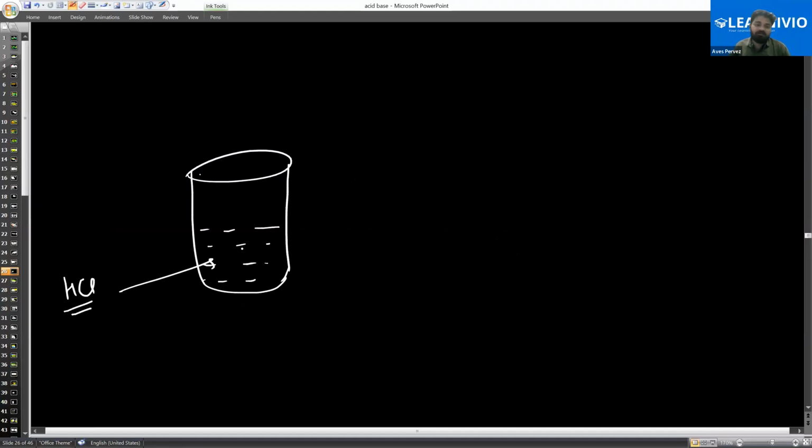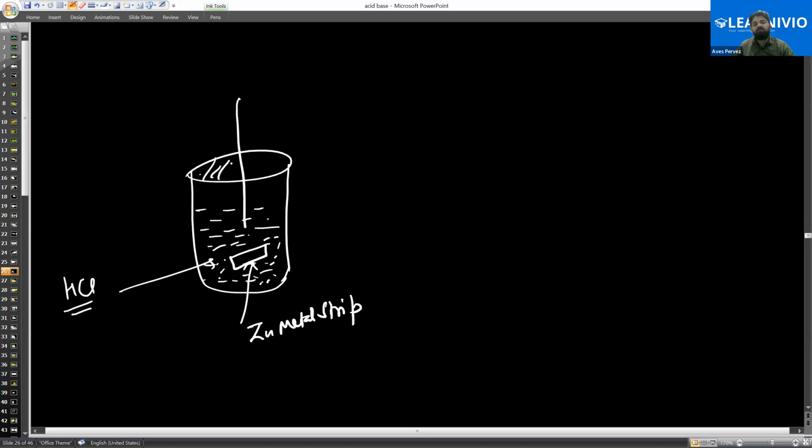Now, in this hydrochloric acid, we add a zinc metal strip. So you know that hydrogen gas will be produced. Yes or no? Because zinc is more reactive than hydrogen, it will react and lead to the production of hydrogen.